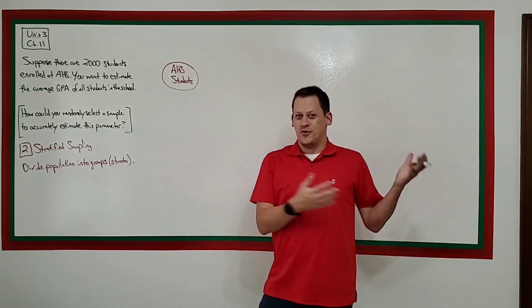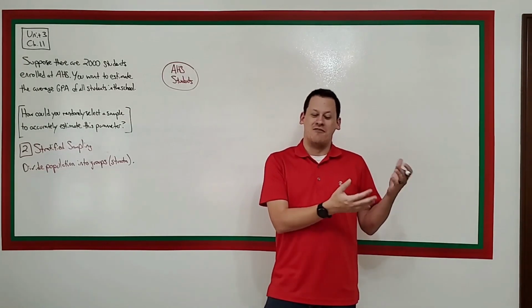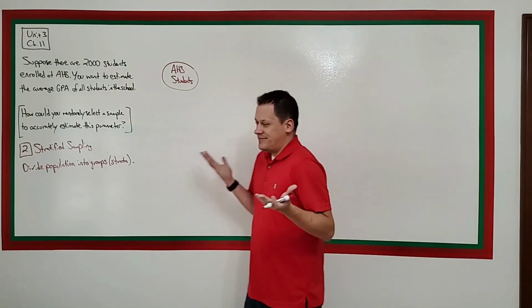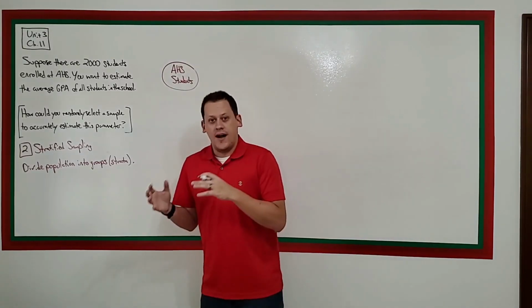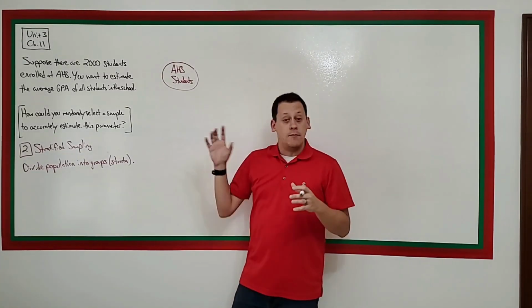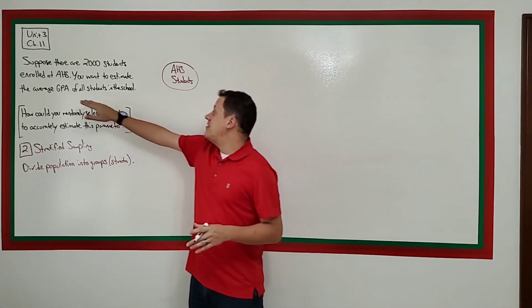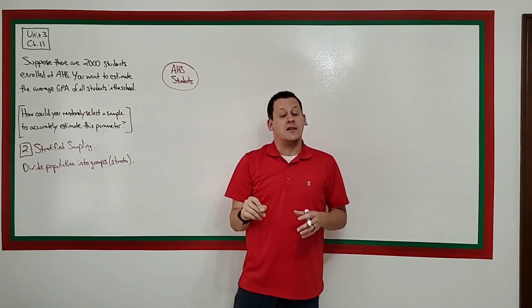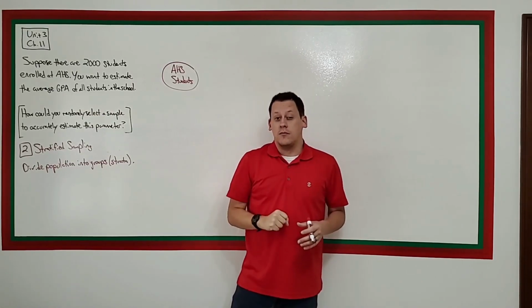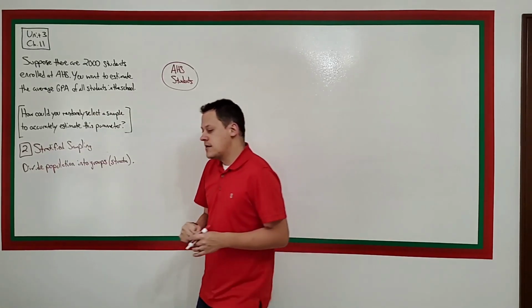You can make an argument that juniors and seniors GPAs could be lower because they have more classes they can fail. It depends, right? But I have reason to believe that if we divide the student body by class, this is going to be different, so therefore I want to make sure my random sample includes some from each class.